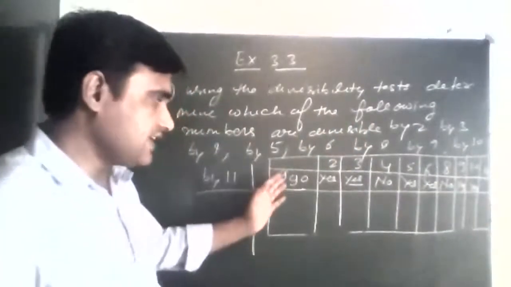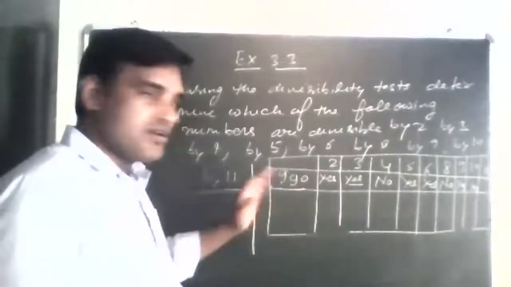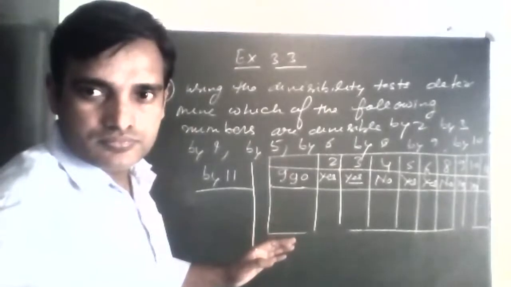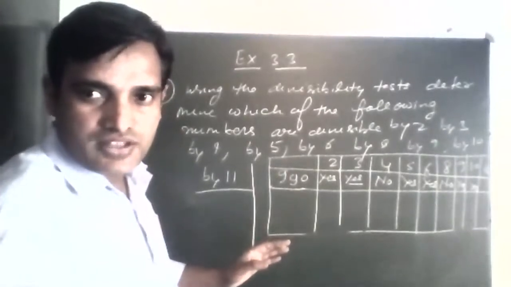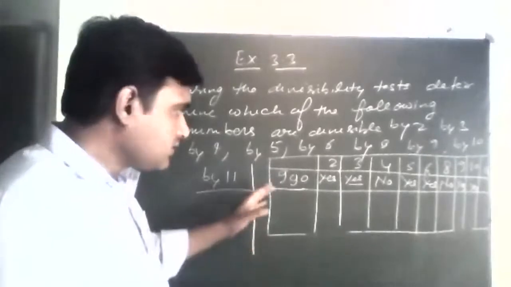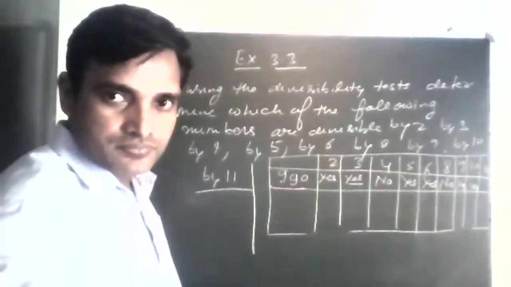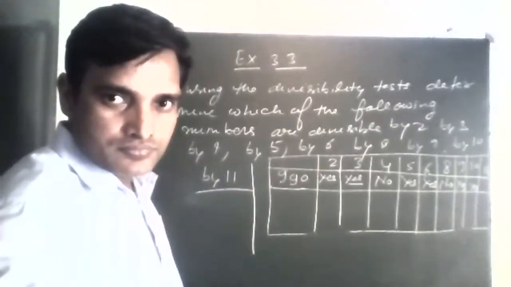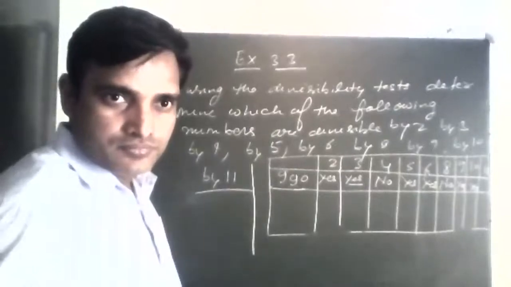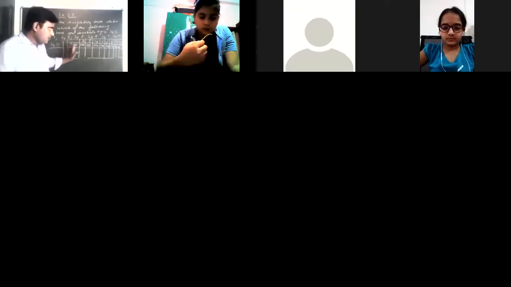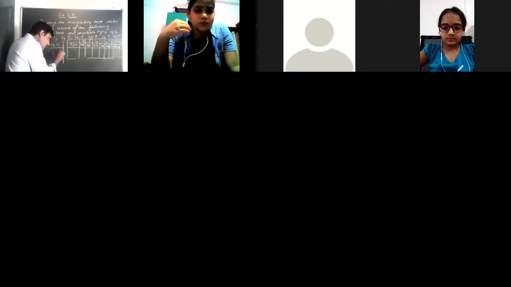Now we check the divisibility test of 11. Now you see here, 990: odd place, even place, odd place.